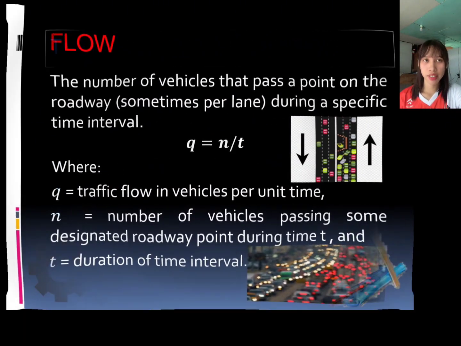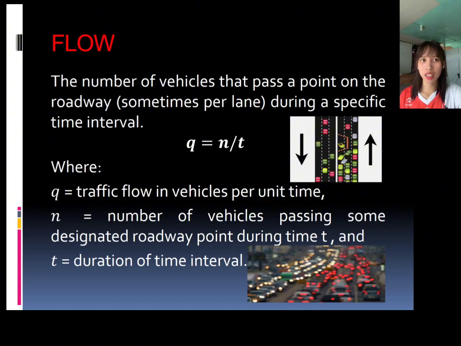Flow is defined as the number of vehicles that pass one point on the roadway, sometimes per lane, during a specific time interval. It is expressed in the equation Q equals N divided by T, in which Q is the traffic flow in vehicles per unit time, N is the number of vehicles passing some designated roadway point during time T, and T is the duration of the time interval.